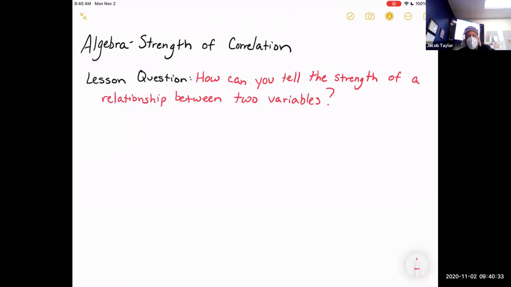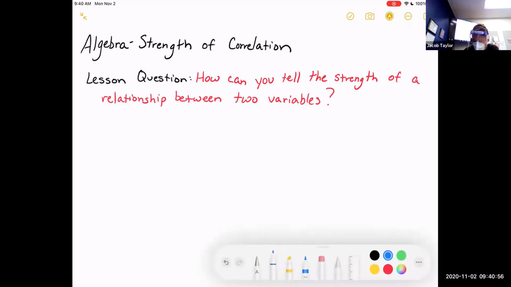So if you have a scatter plot that's going up, we say it's positive, but there's a difference between a scatter plot going up where the points are sort of far away from each other and it makes like a general going up cloud versus if we have points that are going up and they are in a perfectly straight line. And so we use a number to say basically how straight is the scatter plot.